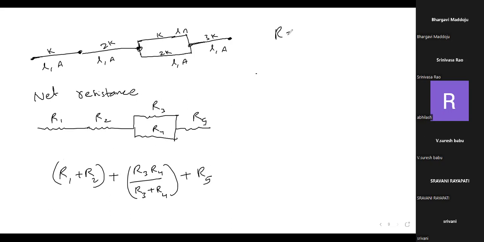Basically, R is L by K, the thermal resistance. R1 is L by Ka. R2 is L by 2Ka.